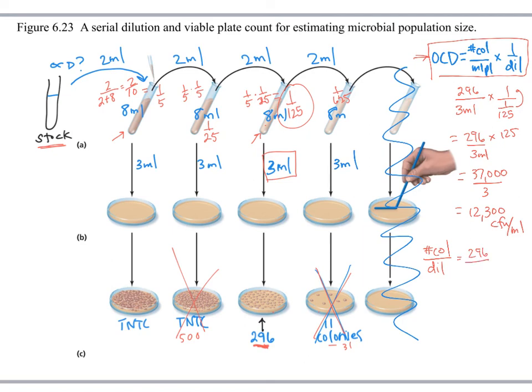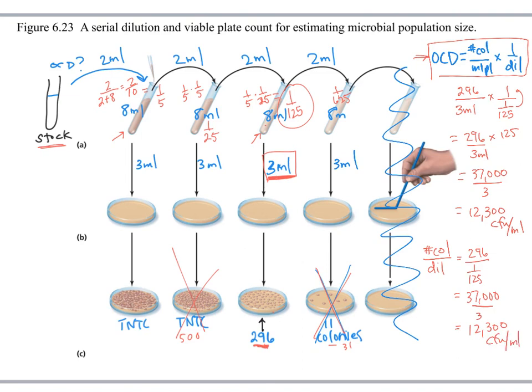Our dilution here, remember, was 1/125. So I multiply 296 by 125, and that gives me 37,000. But then you have to remember, I want my answer per 1 mil. This answer is per 3 mils. So I have to divide by 3, and that's going to give me the same answer as before.